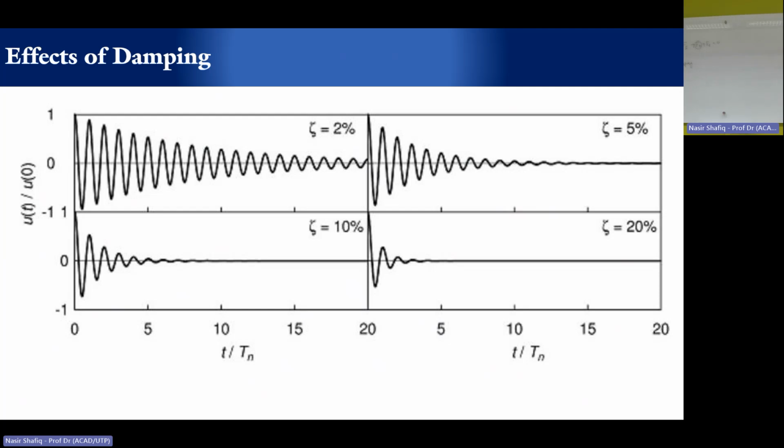Because for a lighter system like this, after certain 7-8 cycles, it stops. If it is further lighter, the damping ratio will go to 1%, so there will be more cycles, right? And as we have seen, as the damping ratio gets more and more, the decay will be after a few cycles, right?